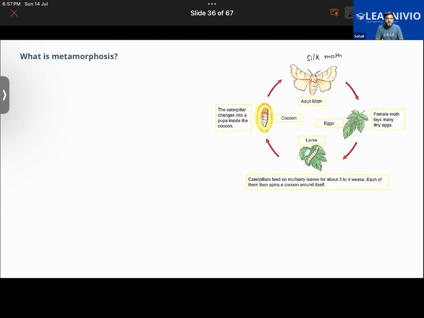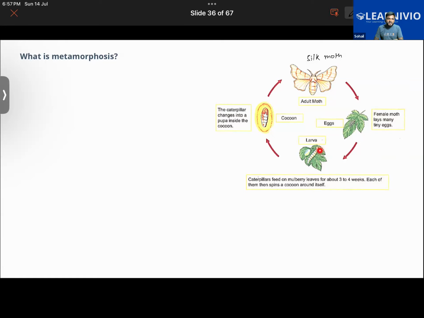Also, its body parts are different at different stages of its growth. Like we can consider the larva as its childhood, for example. Let's say this is the childhood of the silk moth, when it's a child. Then this one is its later stage of growth, and this one is the adult stage of the silk moth.